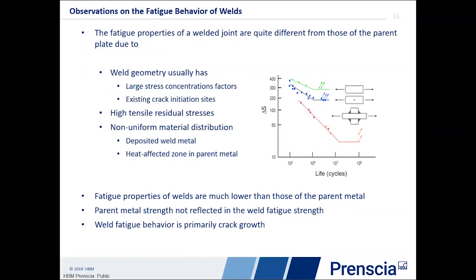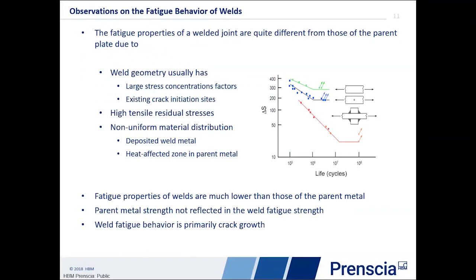There can even be things like cracks initiating at toes and roots already. It can leave extremely high residual stresses due to the welding process unless those have been relieved or removed in some way. There's also a non-uniform distribution of material properties due to deposited metal, heat-affected zone.